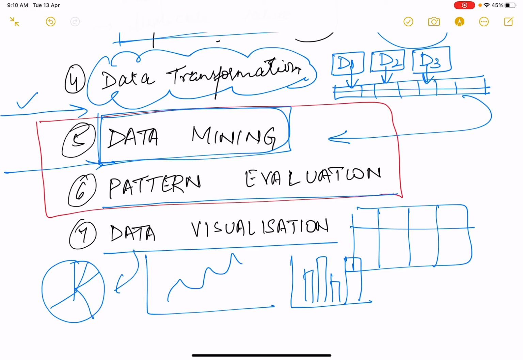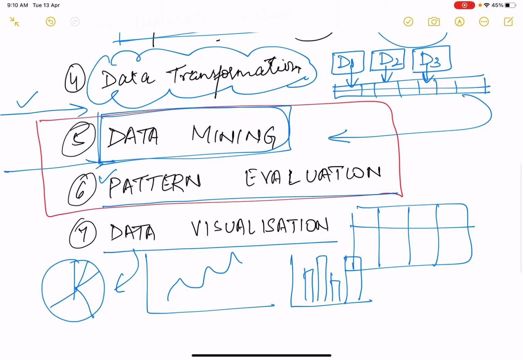So this is data visualization, which is done after pattern evaluation post data mining. So this is the pre-phase and this is the post-phase. Now our only part is data mining, which we need to deal with in this manner.